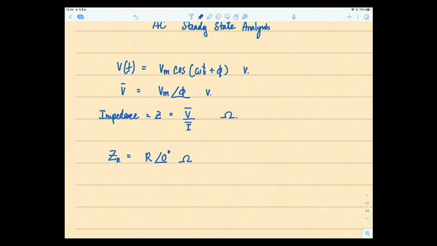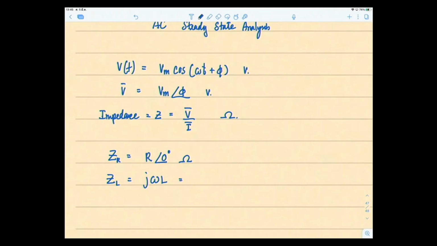The impedance for an inductor is j omega L. All these formulas were proven in the last topic, number 25. So ZL is equal to j omega L in rectangular form.